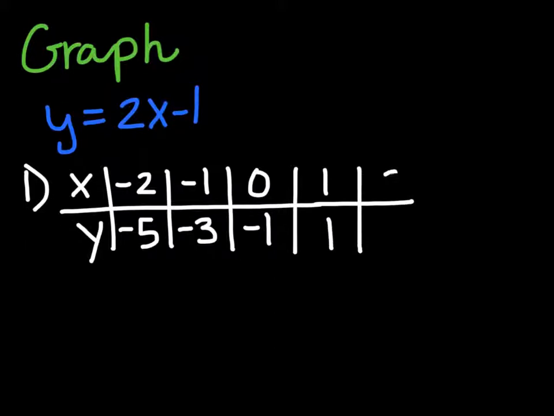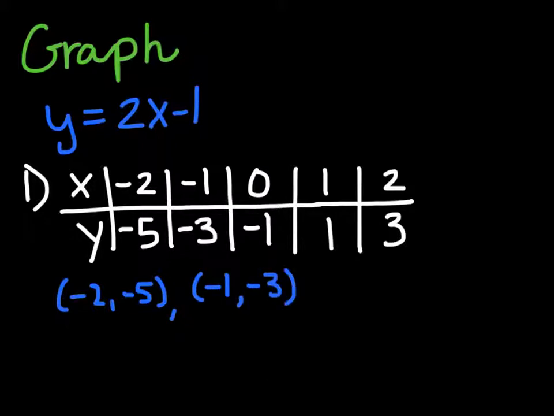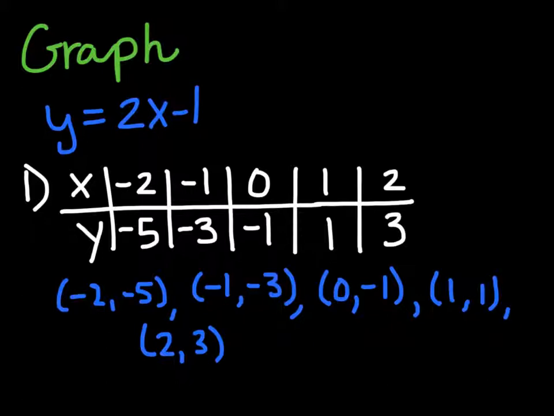And if x is equal to 2, y is equal to 3. So what are our ordered pairs? They'll be -2, -5, -1, -3, 0, -1, 1, 1, and 2, 3.